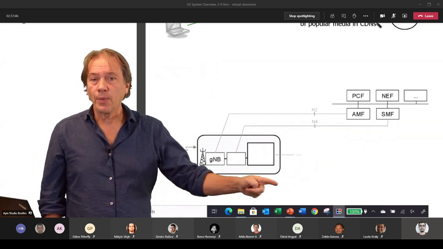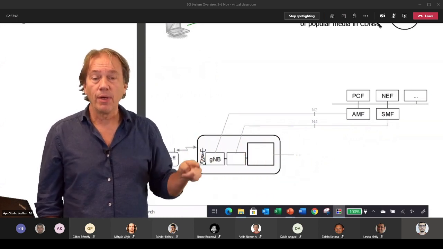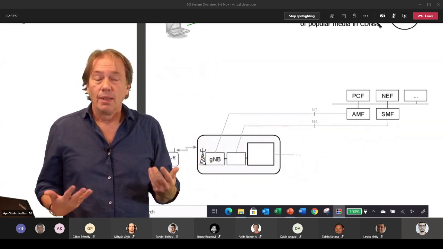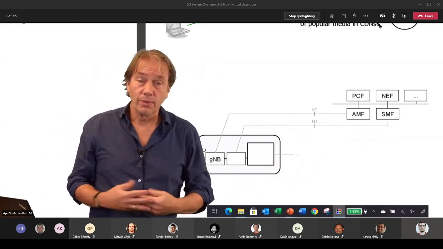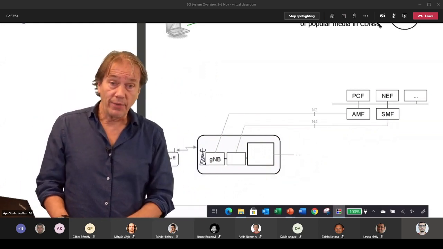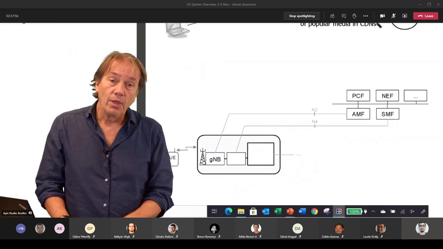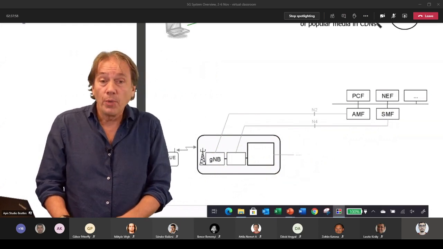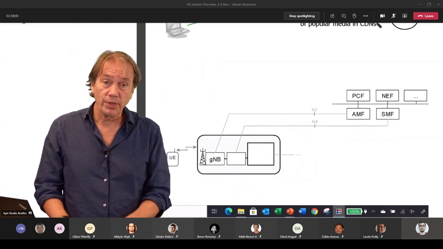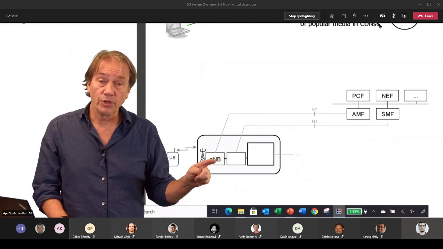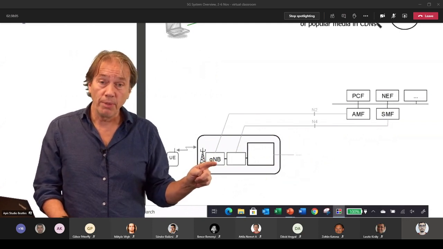So this gray box here represents some local or distributed data center where we have hardware, COTS hardware, general purpose IT hardware. We will use some of it for the gNodeB.